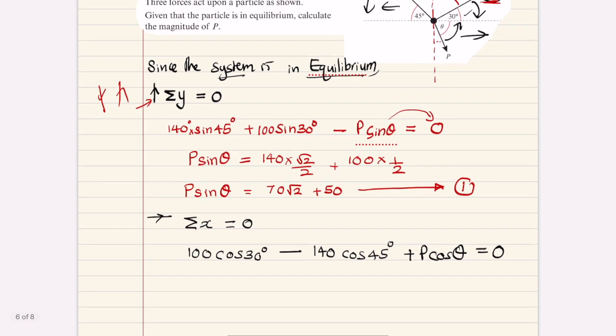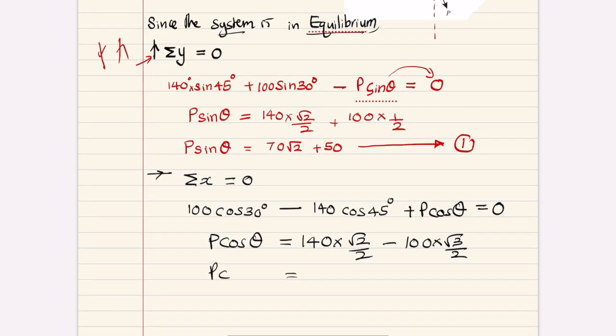Now rearrange it, so it will be P cos theta equals 140 cos 45, which is root 2 over 2, minus 100 cos 30, which is root 3 over 2. So my answer would be P cos theta is 70 root 2 minus 50 root 3.